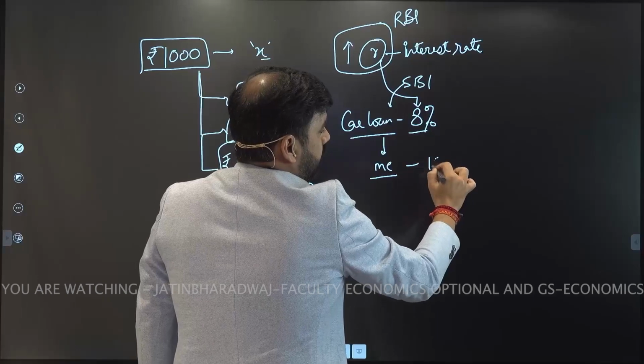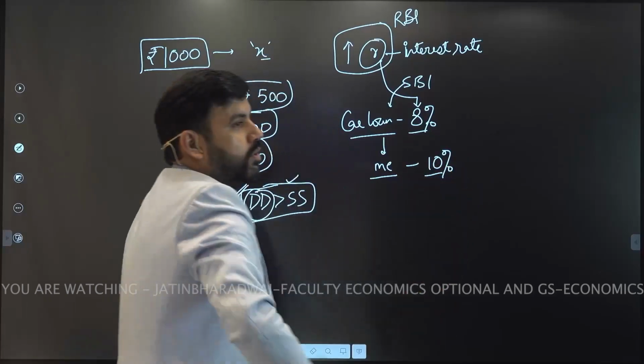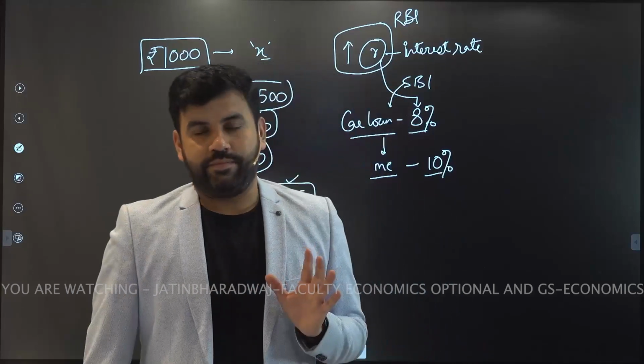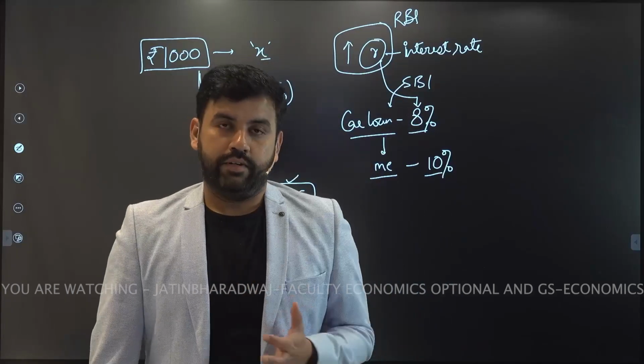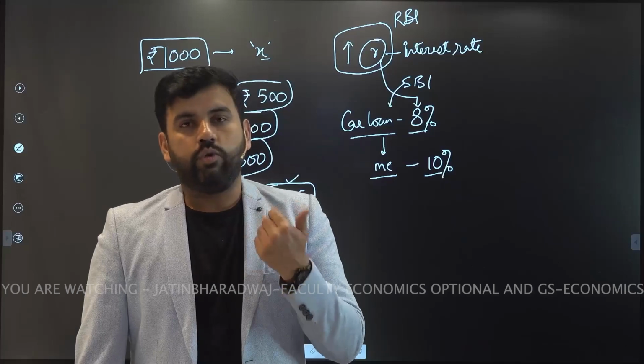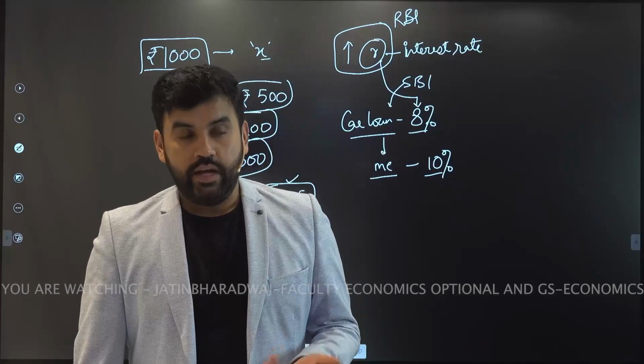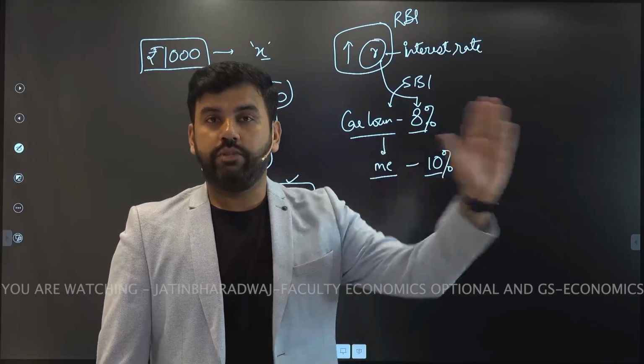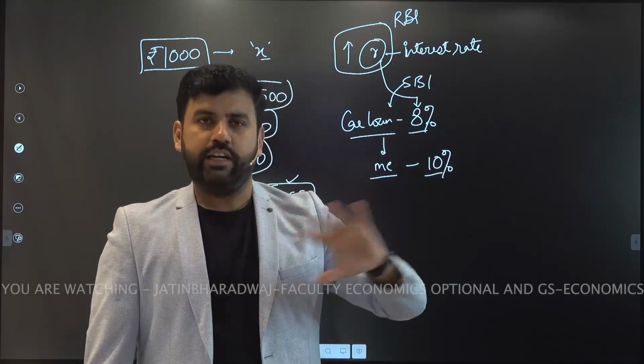Now to me the interest rate is 10%, which is 2% extra on the existing loan. So I might rethink again, and I might defer my expenditure to buy a new car, right? 100% of people will not be discouraged, 100% of consumption will not be controlled, but to a larger extent it will be.